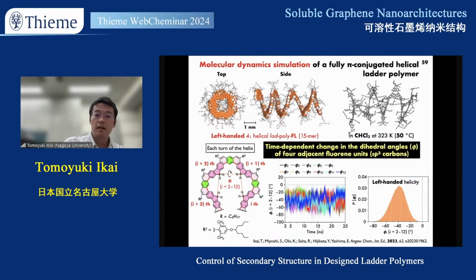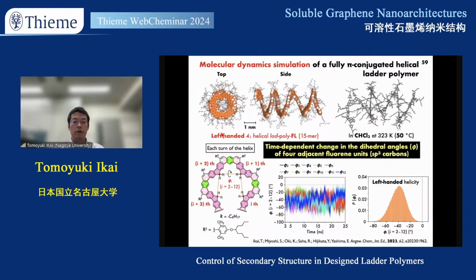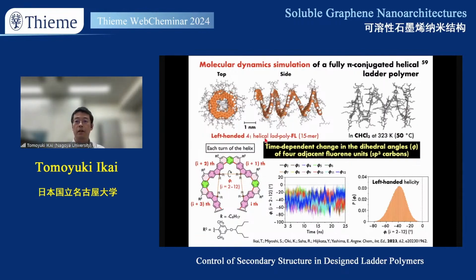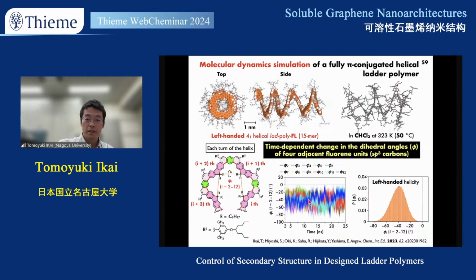Here's an MD simulation of this left-handed 4-1 helical ladder polymer in fluoroform. And this is the time-dependent change in the dihedral angle of the 4 adjacent fluorene units in each single-turned helix. And this shows that the dihedral angle almost always is negative, indicating that each turned helix maintains the left-handed helicity during the simulation at 50 degrees.